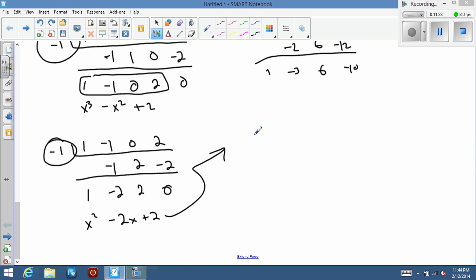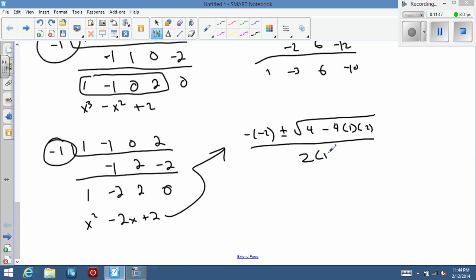So I'm going to show you using the quadratic formula. So negative b, so the opposite of negative 2, plus or minus the square root of b squared, so negative 2 squared is 4, minus 4 times a, which is 1, times c, which is 2, all over 2 times a, which is 1.